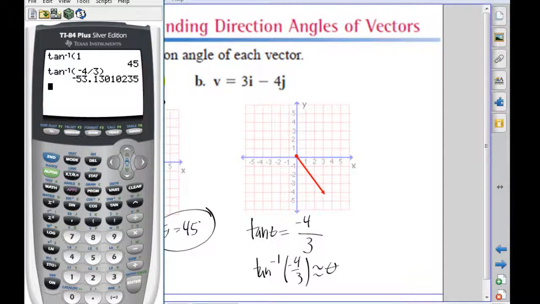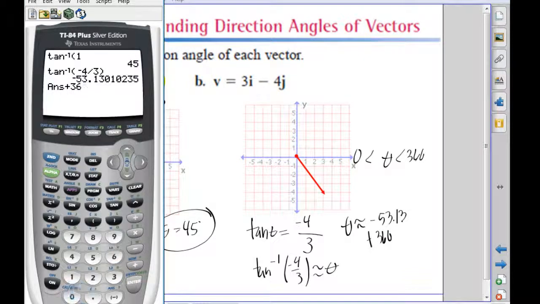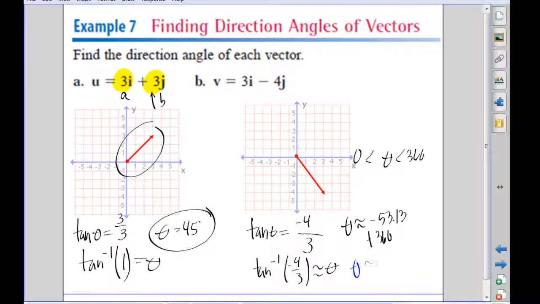Let's see, it came out to negative 53.1 degrees. But remember, we're always looking for theta between 0 and 360 degrees. So I need to find a coterminal angle by adding 360 degrees. So my theta is approximately 306.9 degrees.